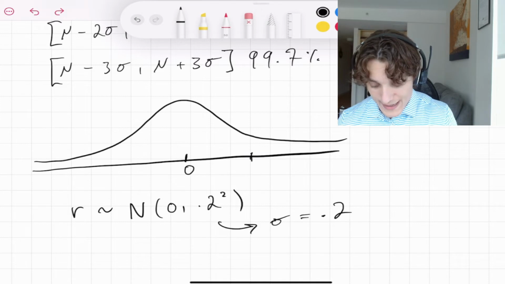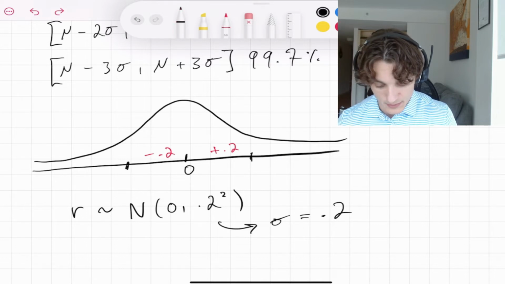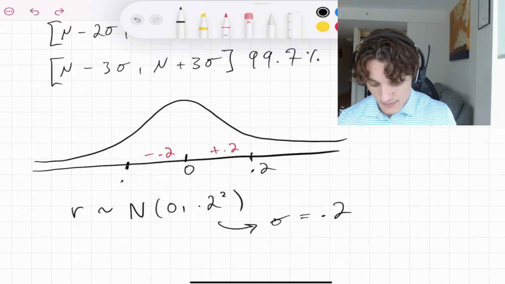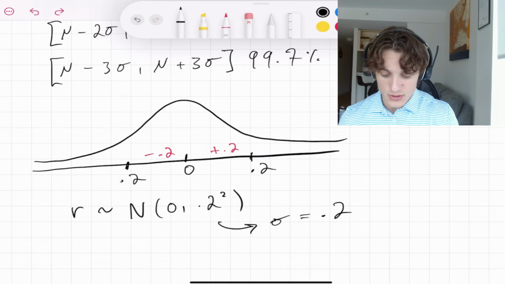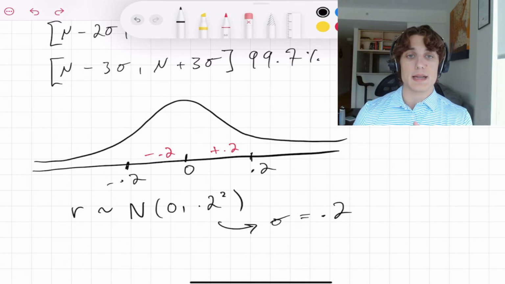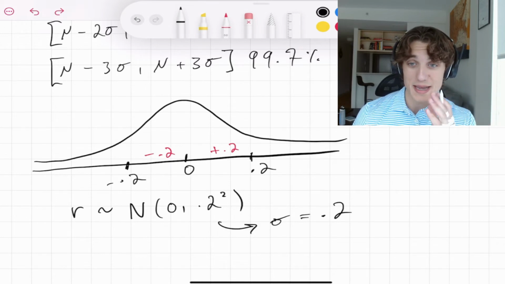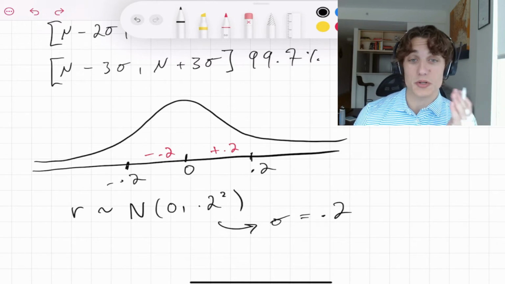So if we were to add and subtract 0.2 in both directions, we would end up with 0.2 and negative 0.2. And you can just assume that this is an annual stock return for maybe a very volatile stock, because this is a 20% return or a 20% loss.